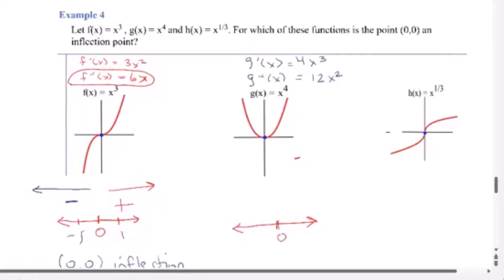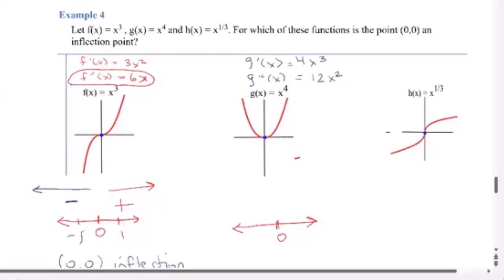At 0, this function is still 0. Okay, I have my possible inflection point. Well, when x is positive, I know that.